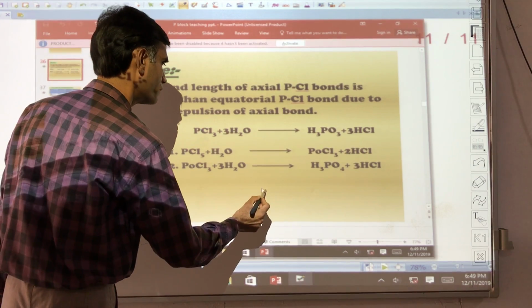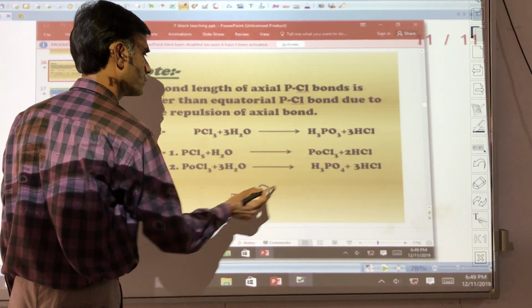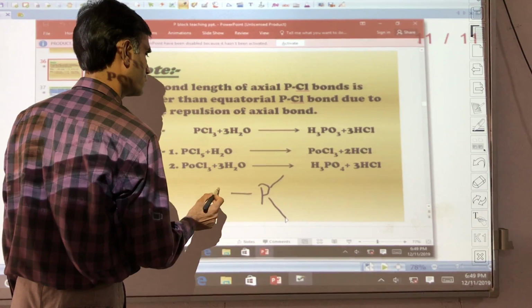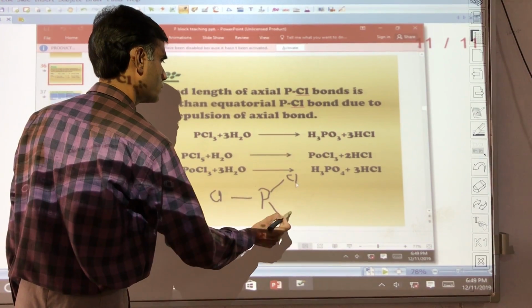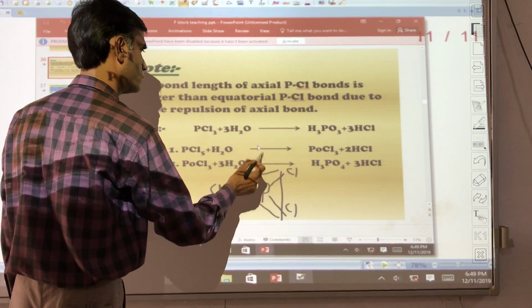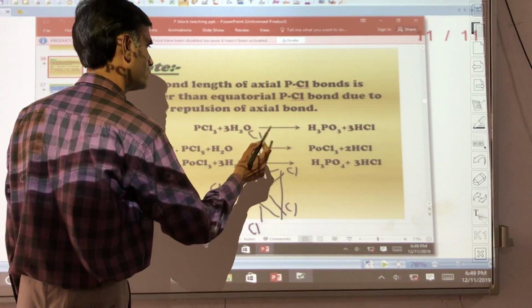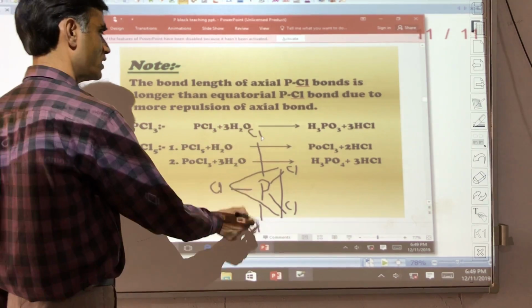What does it mean? You take P with Cl and it goes like this. So these are the axial bonds.